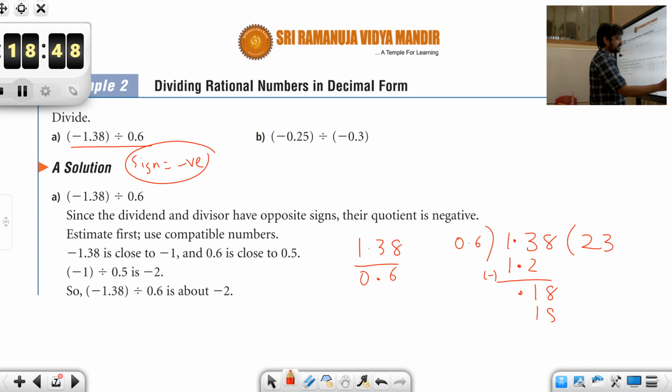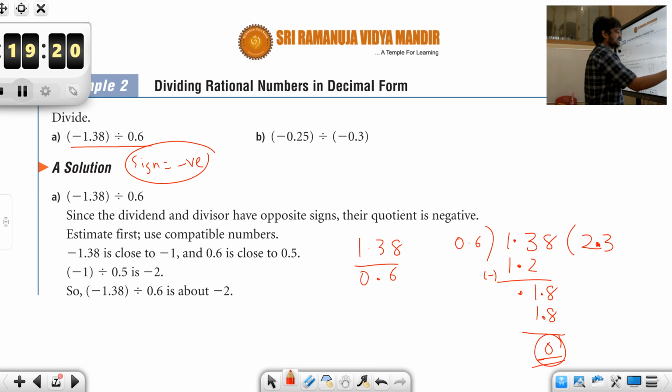So what is the answer, students? 0.6 into 2, 3. So here you will be getting one more decimal point, and 0.6 times 3 is 1.8. So 1.8 subtracted from 1.8 would be 0. So you would be getting 2.3 as the answer.